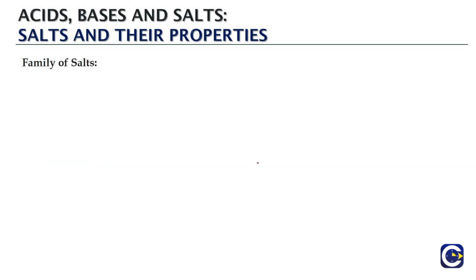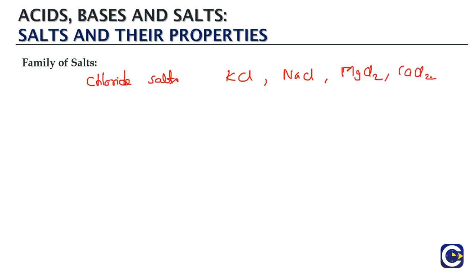And if you look at salts, salts are generally classified into certain families. Like we can say chloride salts means all the salts containing chlorine, like we have KCl, NaCl, magnesium chloride, calcium chloride, all of them that contain chlorine. Like we can say sodium salts. So sodium salts will be all the salts containing sodium.